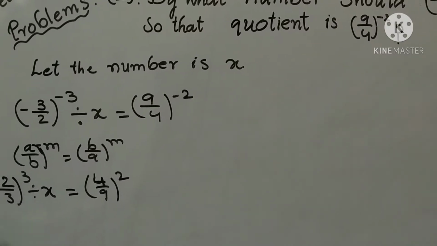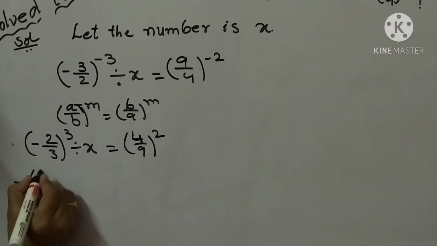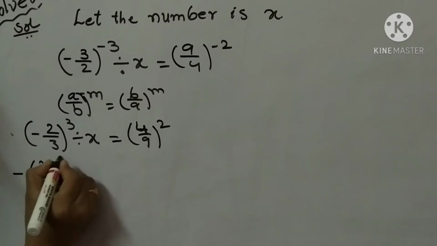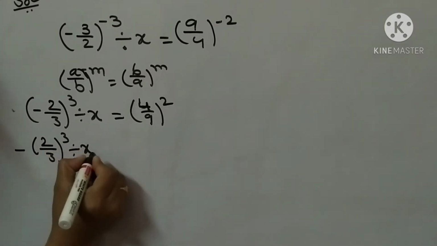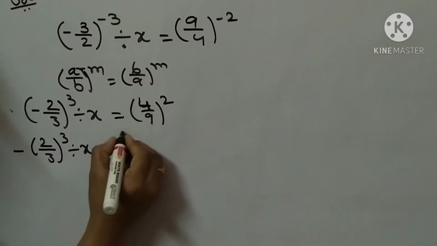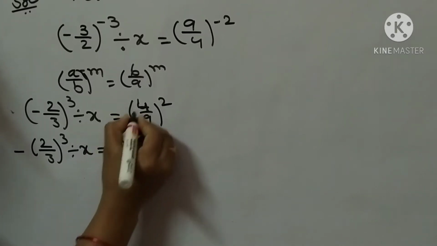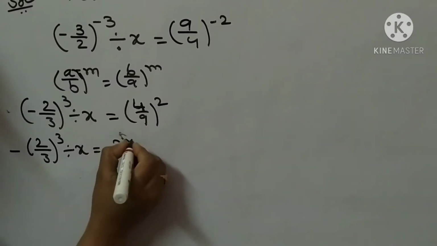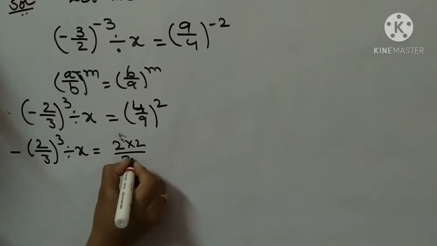Children, here separate: (-2/3)^3 divided by x equals (4/9)^2. It is a square number: 4 is 2 squared, and 3 times 3 is 9, so we write squares, 2 squared by 3 squared, whole squared. So (-2/3)^3 divided by x equals ((2/3)^2)^2.